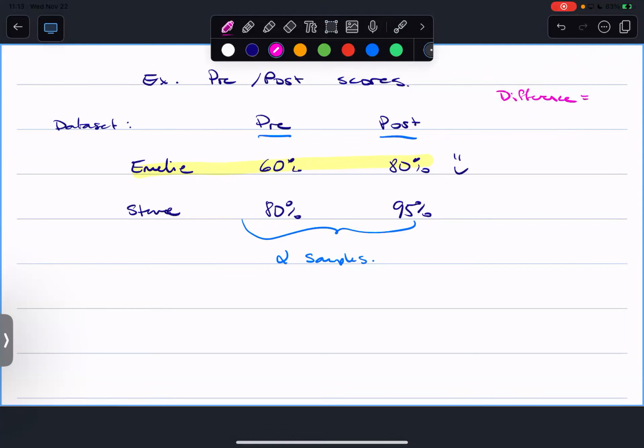The difference, let's say pre minus post. Pre minus post puts me at -20 here. 80 minus 95. That tells me I improved more than Steve. I'm still not doing as well as he was even in the beginning, right? But we've captured my improvement of 20, right? Versus his improvement of 15.